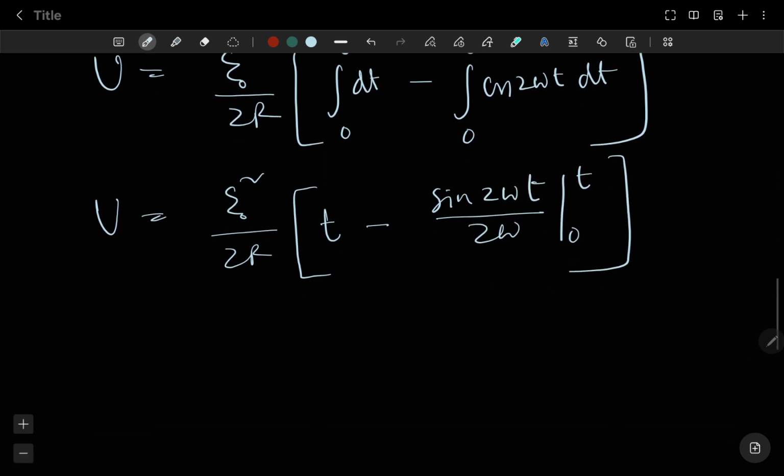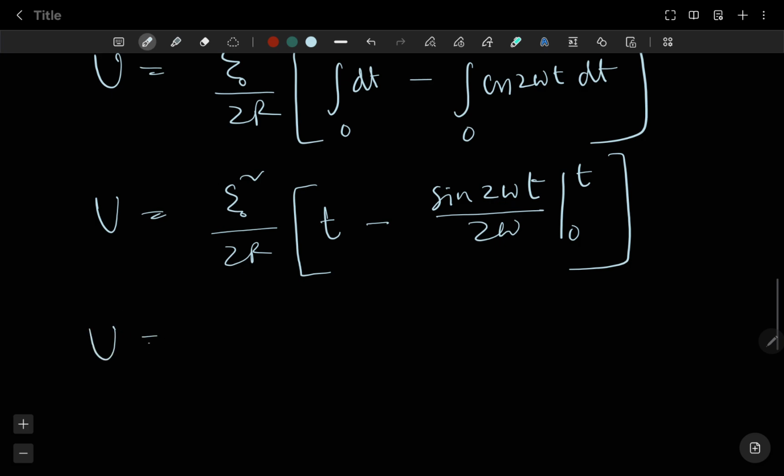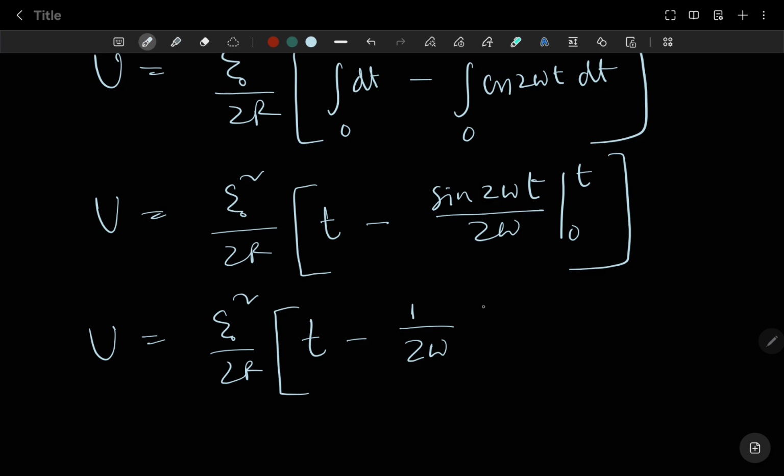So it will be epsilon 0 square by 2R times t minus 1 by 2 omega sine 2 omega t minus sine 0. Sine 0 is 0.